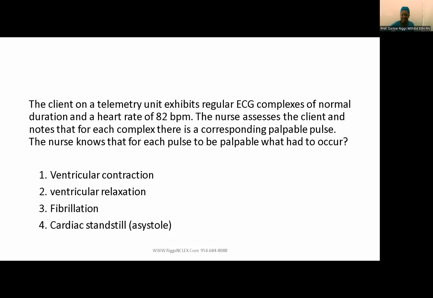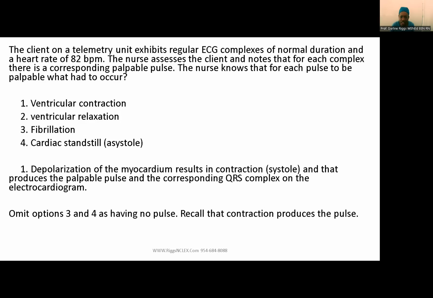What's happening when the client is pulsating? Each pulse. Every time you have a palpable pulsation, that is due to ventricular contractions, not relaxation, contraction.